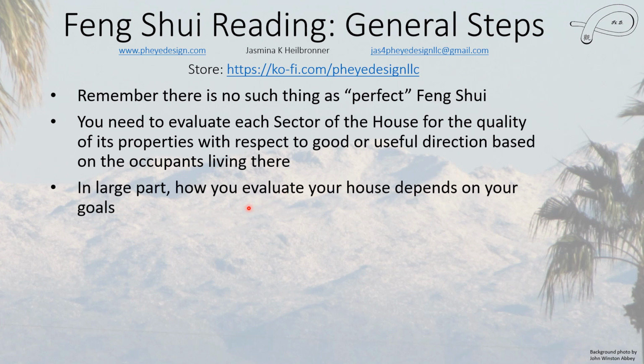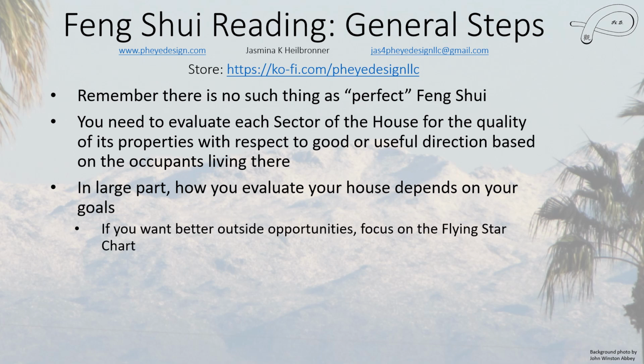In large part, how you evaluate each one of these sectors depends on your goals. If you want better outside opportunities, you focus on the flying star chart, because this will tell you where the good opportunities come.